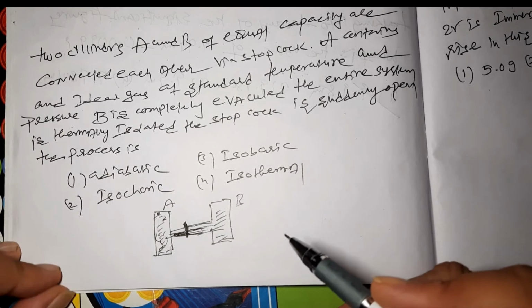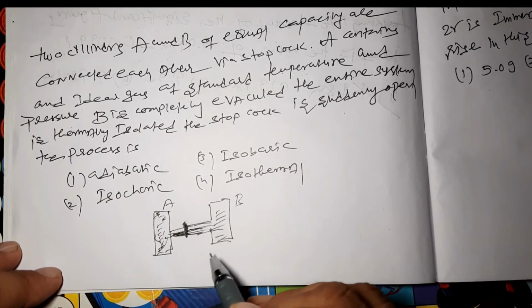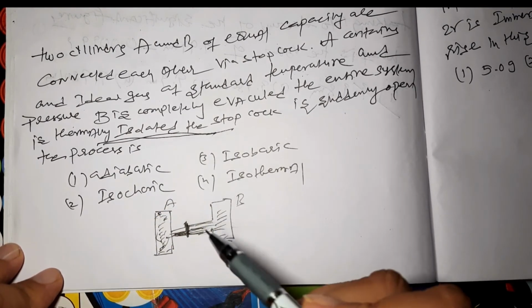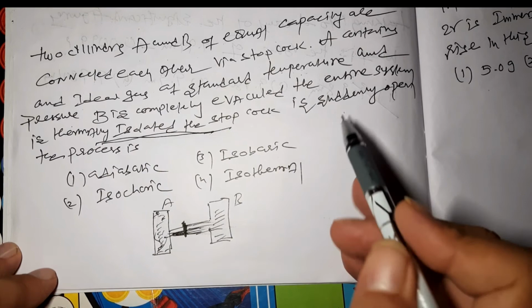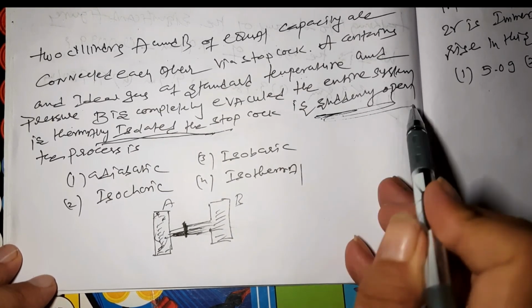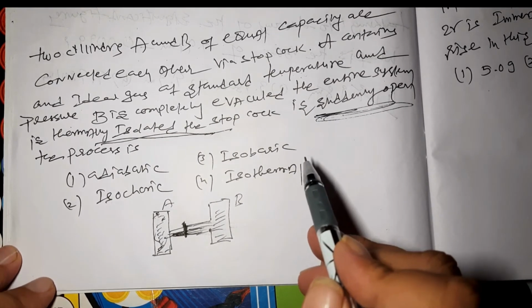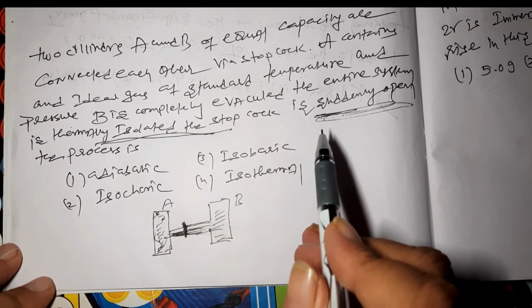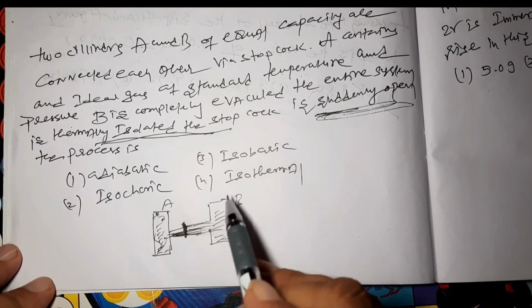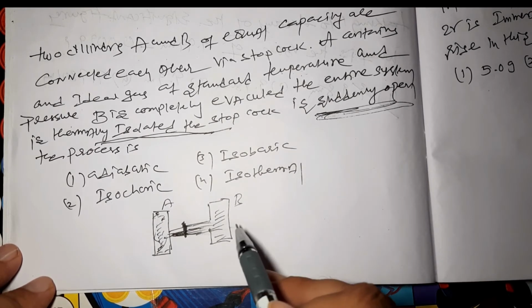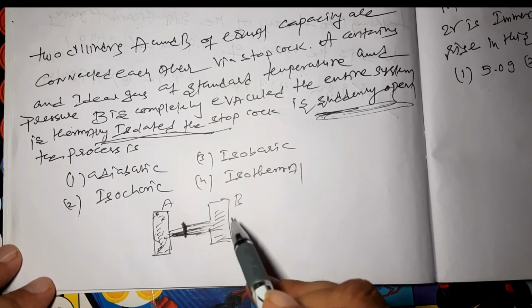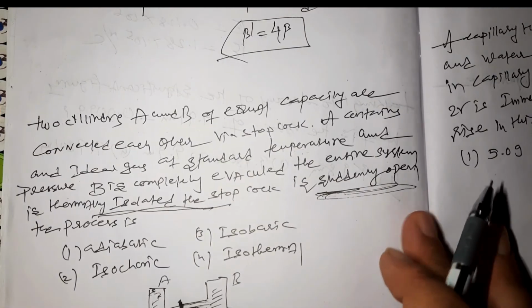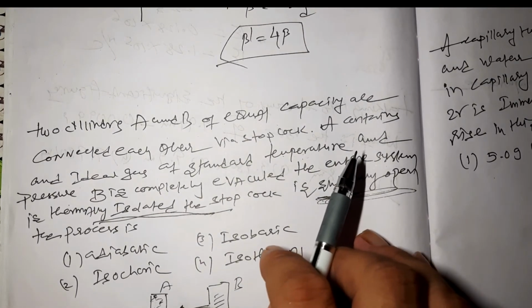This expansion is called free expansion, but this is an expansion of gas in a thermally isolated system, and the stopcock is opened suddenly. So we can conclude that when the gas expands suddenly, it rushes into the evacuated chamber very fast, and this is a thermally isolated system, so this expansion is called adiabatic expansion.